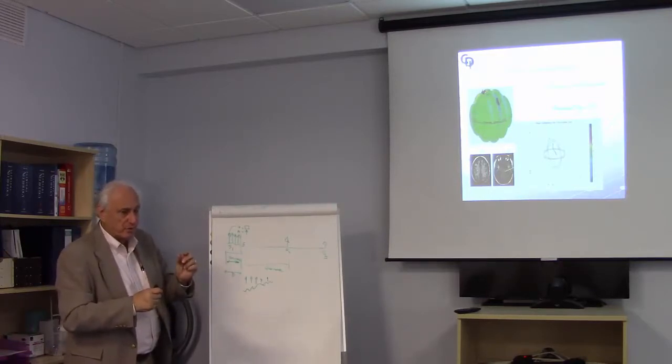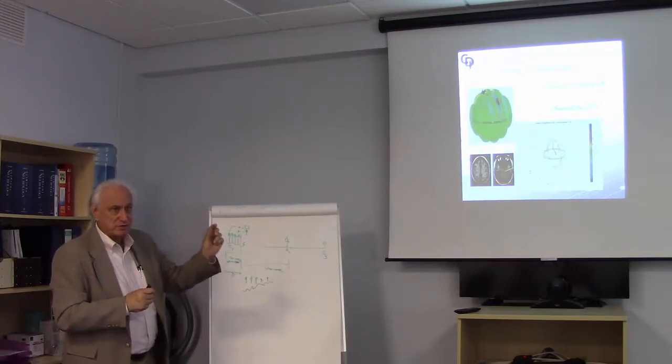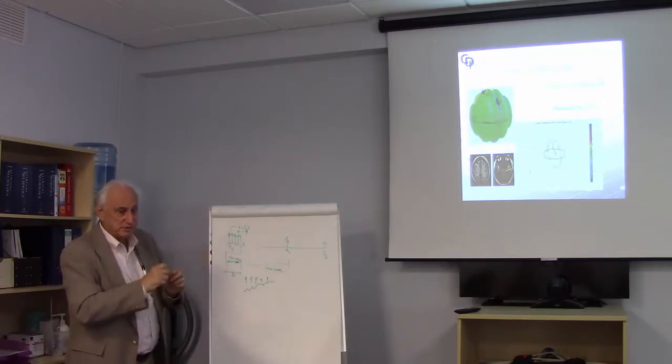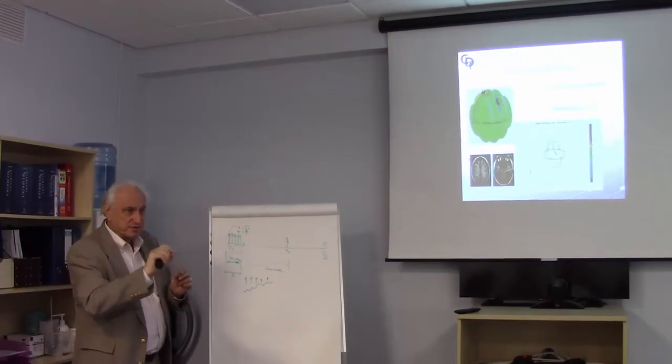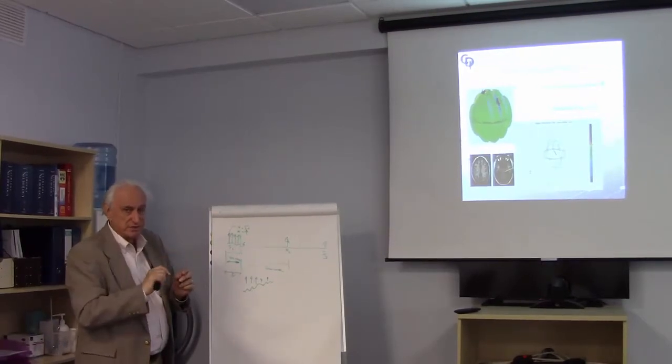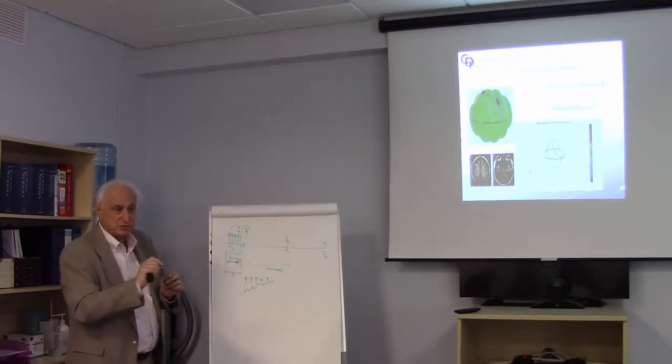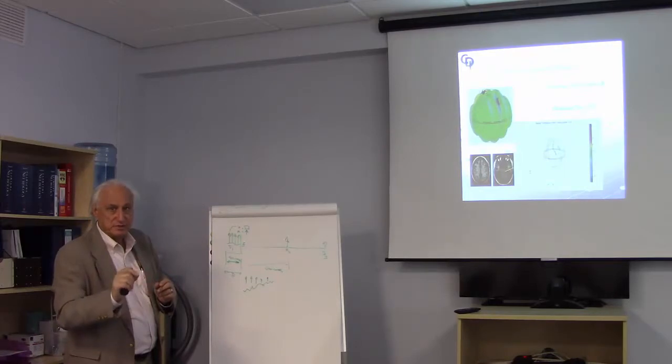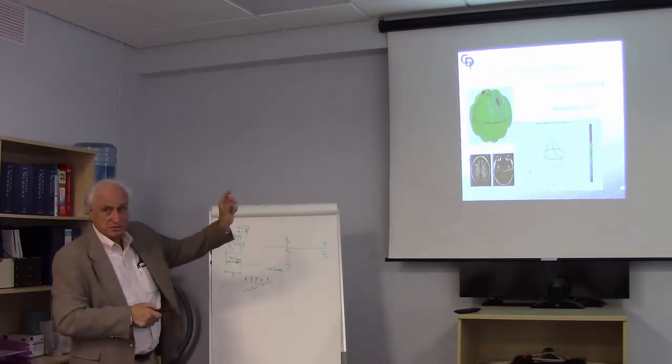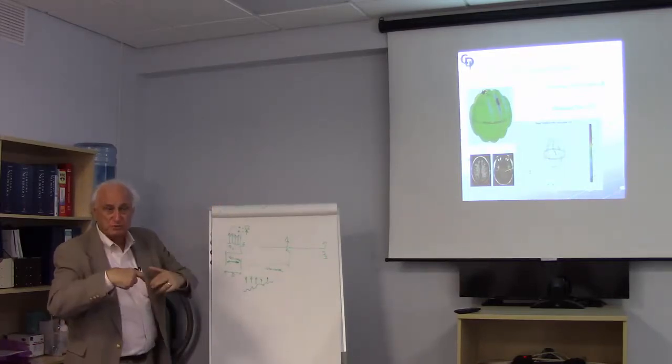So if you're doing an operation where the goal of using the transcranial motor potentials is to directly protect the motor cortex, then you're better off doing direct stimulation of the motor cortex with a handheld stimulator of some kind than you are trying to do transcranial motor potentials.